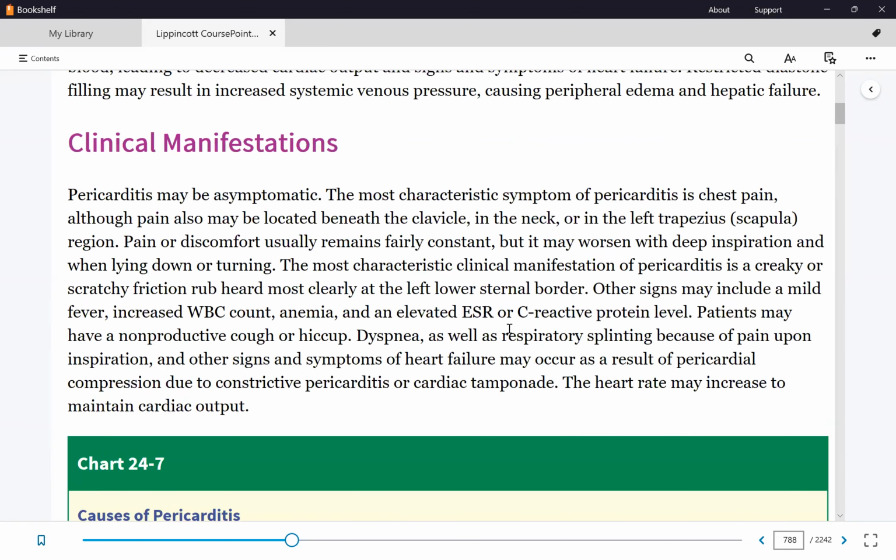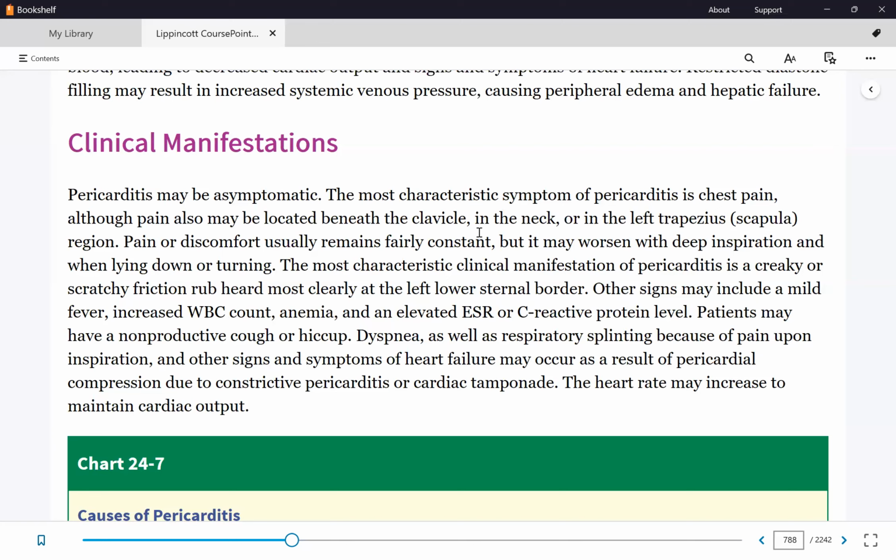The manifestations will be, will there be pain? Yes, there will be chest pain. Patient will complain of severe chest pain. Pleuritic in nature, meaning especially when they're laying down or standing like this, it will be very painful.